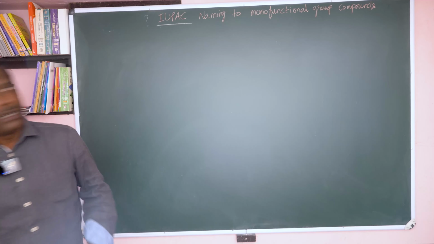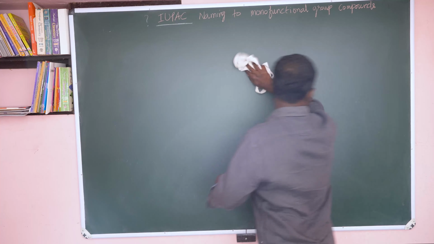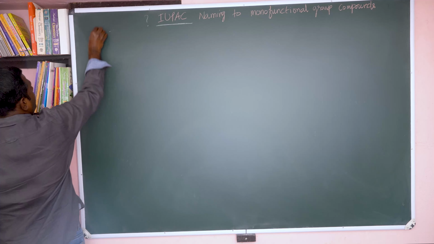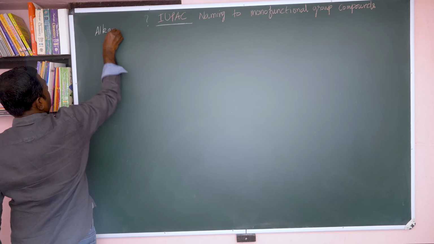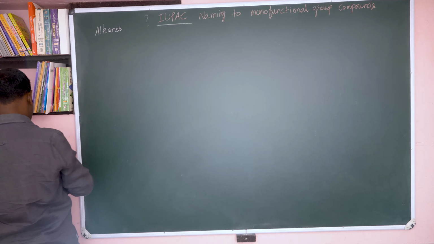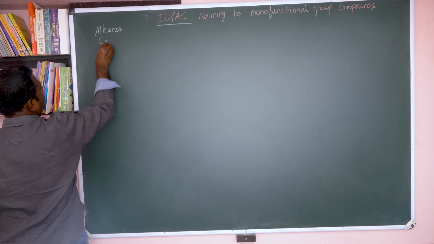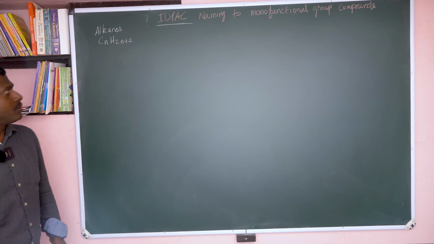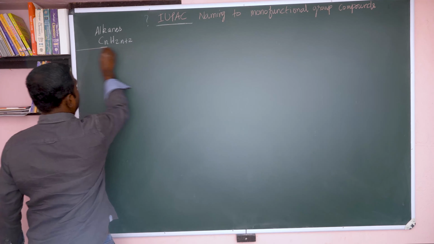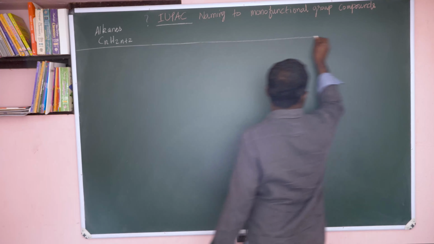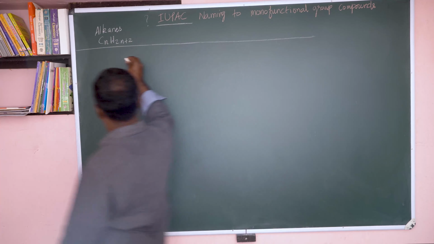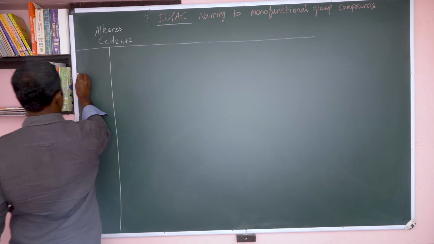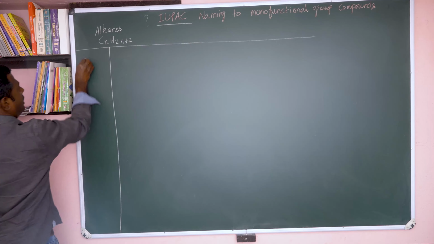Let us first focus on alkanes. Alkanes are organic compounds having the general molecular formula CnH2n+2.